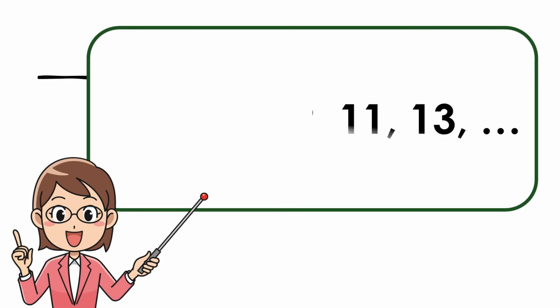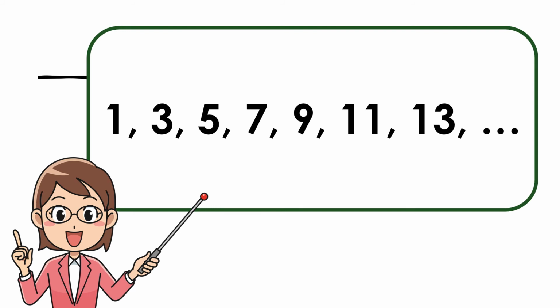The next example we have are the set of numbers. Observe that the numbers are arranged in increasing order. Observe also that if we add 2 to the first number, it becomes 3.